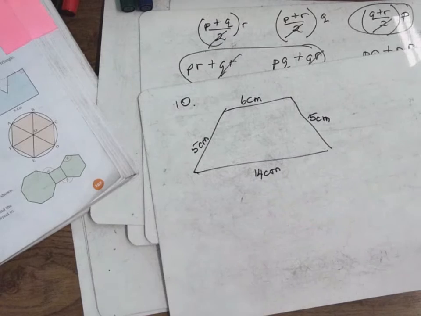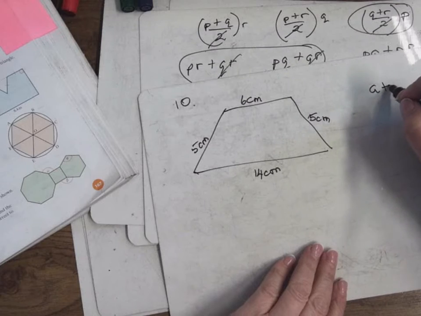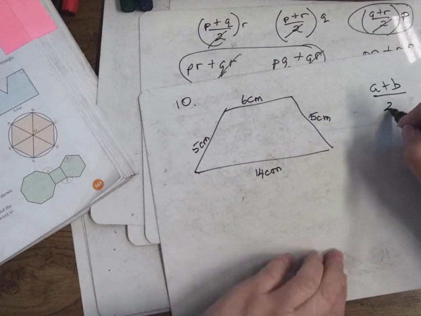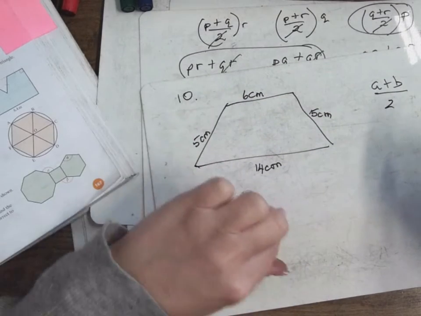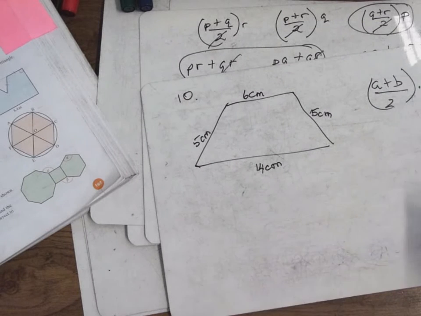What I need is the perpendicular height, because I have to get the area of a trapezium. That's a trapezium, so it's A plus B over 2, which are the two parallel lines, A and B, over 2 multiplied by the perpendicular height. I don't have the perpendicular height, so I need to find it.